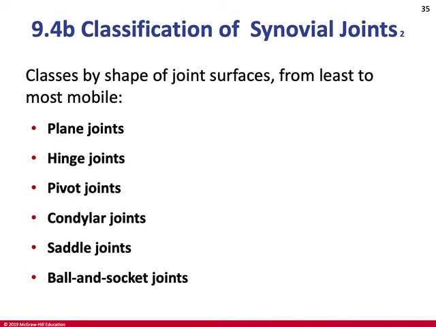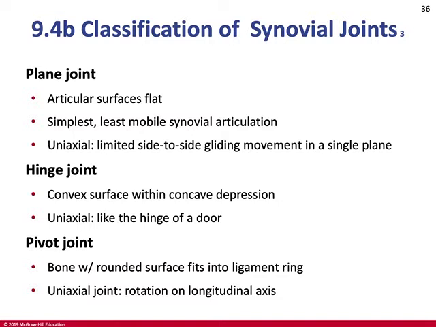We can group them based on the shapes of their surfaces as well. Plane, hinge, pivot, condylar, saddle, and ball and socket joints are all examples of different types of synovial joints that permit different ranges of movement. A plane joint allows gliding or sliding movements, and it's found in the wrists and the ankles.